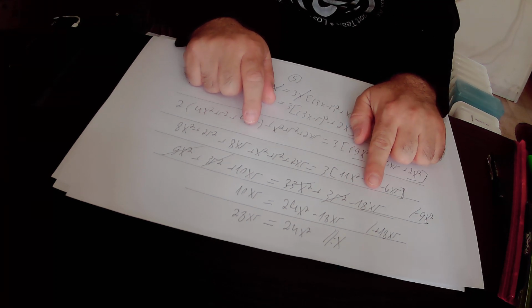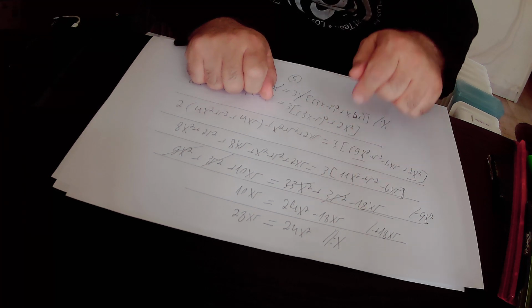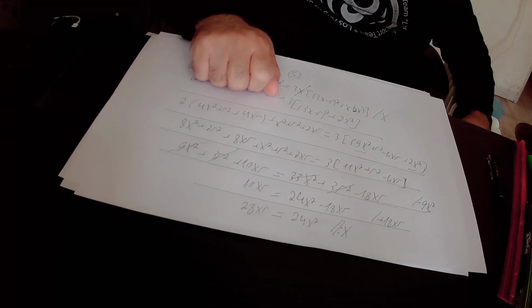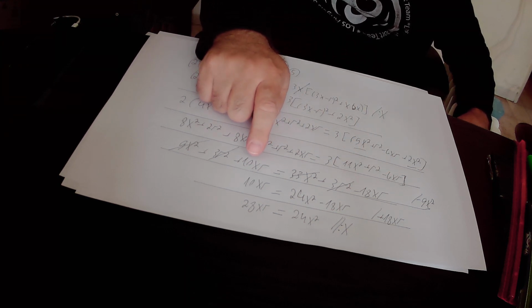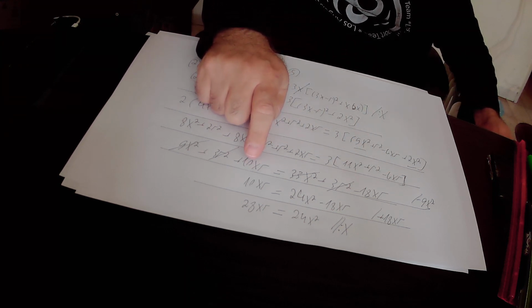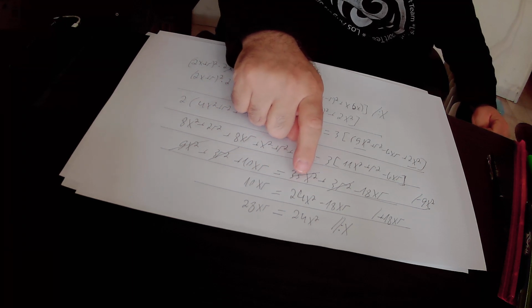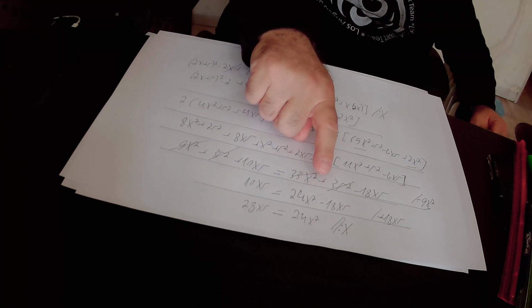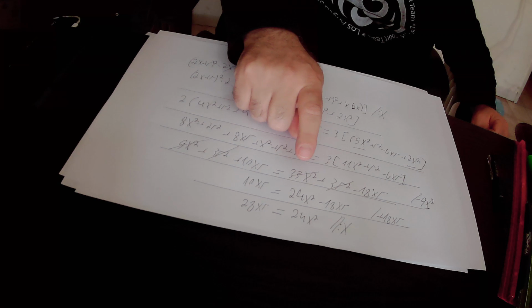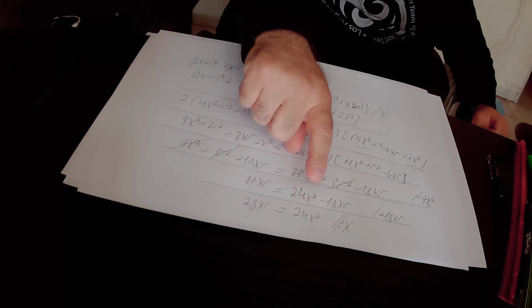And we have here minus 18xr. Here we added 18xr to this equation. On this side of the equation we have 10xr plus 18xr is 28xr, and it is equal to 24x squared. 18xr minus 18xr is 0. So in conclusion, we found out that 28xr equals 24x squared.